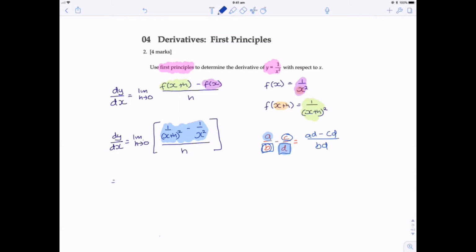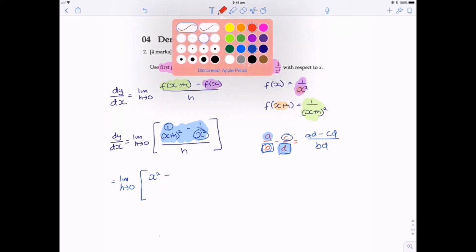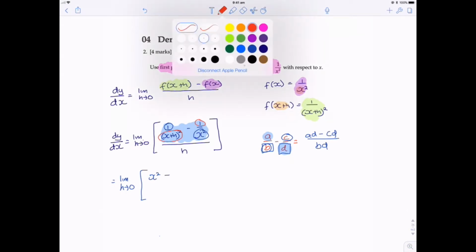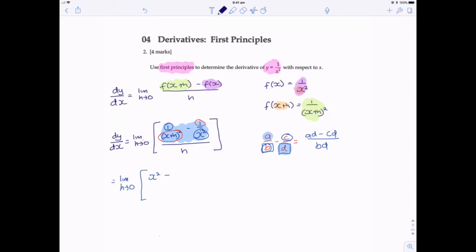So in this case, our derivative as h approaches 0 is that times that, which is actually just x squared, minus that times that, which is x plus h in brackets squared, all over the denominator times the denominator.